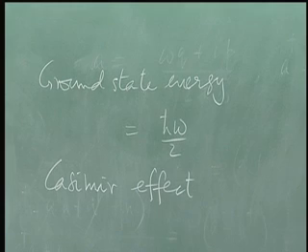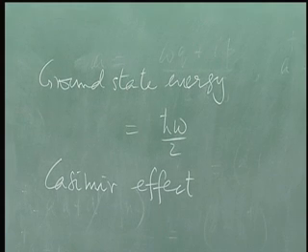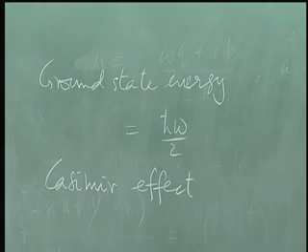It has been experimentally seen. There are other quantum electrodynamic effects. One of them is the famous Lamb shift, which occurs in the spectral lines of atoms, including that of hydrogen, and that too has been experimentally verified to a high degree of accuracy.